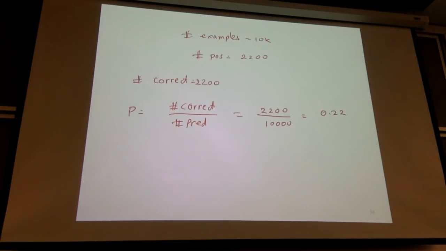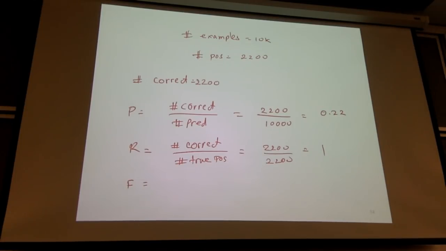Now recall is the number correct divided by true positives plus false negatives. In this case there are no false negatives because I didn't predict any negatives.